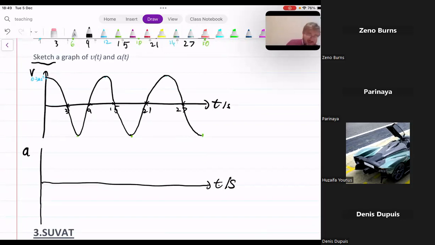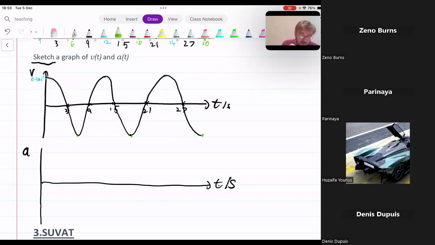So the accuracy of our acceleration graph isn't going to be amazing. But again, we just want to sketch, just to get a feel for what it's like. So when is the acceleration 0? Well, acceleration is the gradient of a velocity time graph.